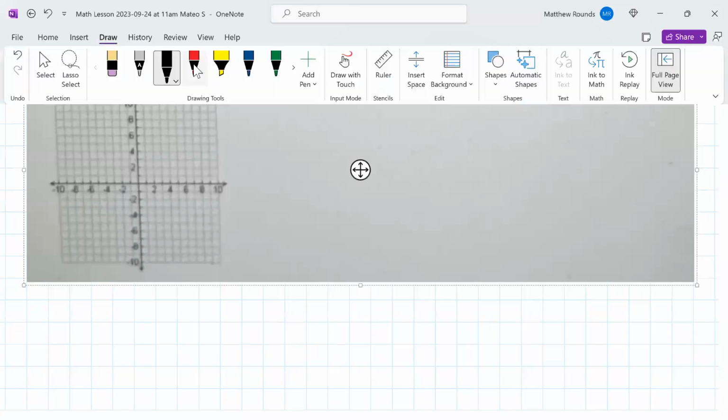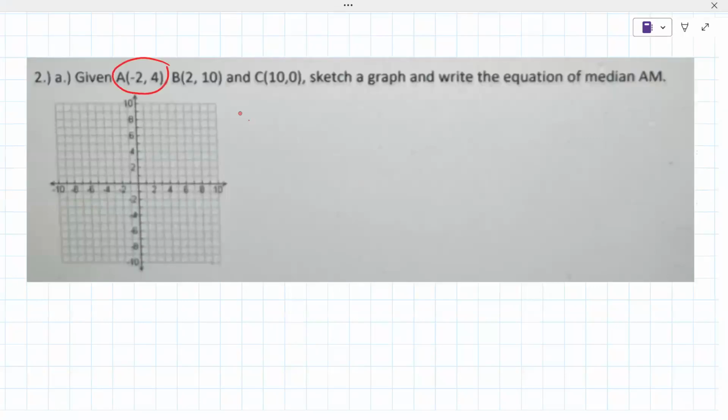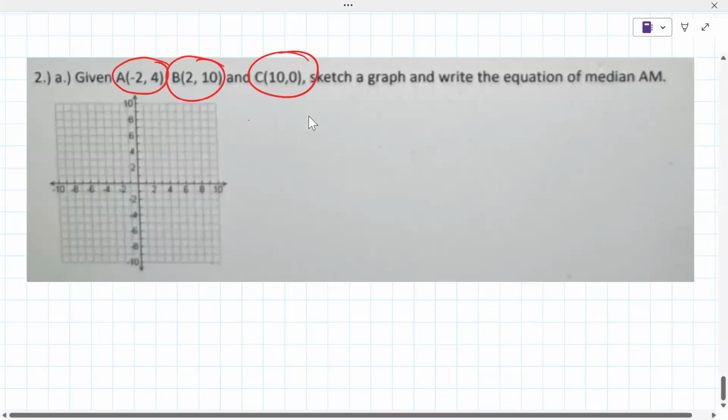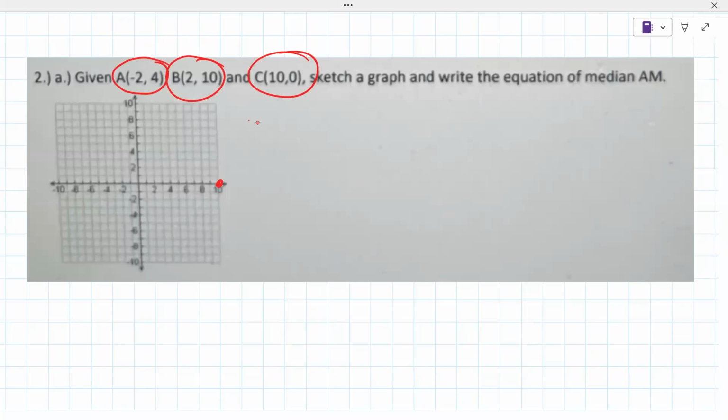If you can, I definitely recommend printing these. Make a quick sketch of what you've got here. Then draw a median AM. It doesn't have to be exact, just has to be a median.